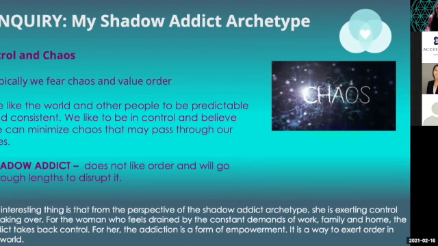Even as I'm speaking about it, I notice every time my brain has a little bit of a hard time wrapping around it, but the addiction becomes the one thing that the person can control, even though in it they might feel uncontrollable. Outside of the addiction, outside of that behavior or that pattern, all these other things that are demanding, like family, like work, like home, they feel uncontrollable and chaotic.